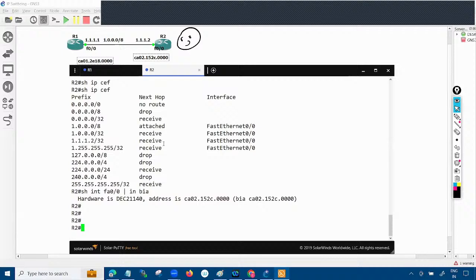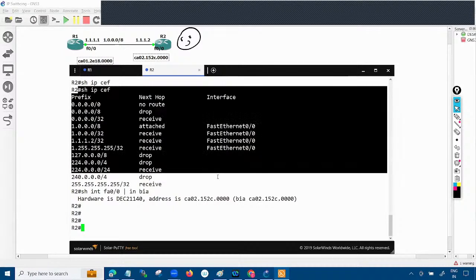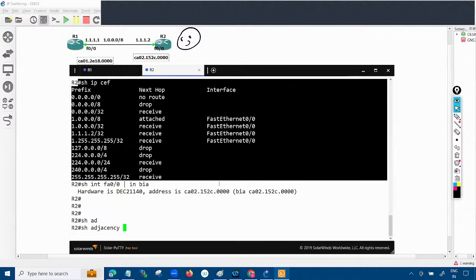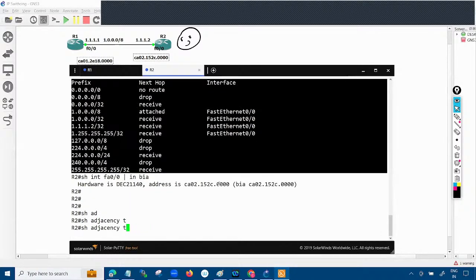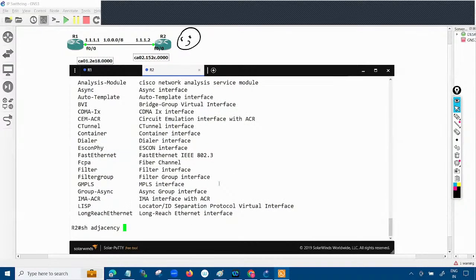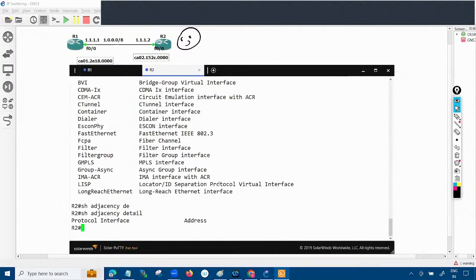If you go back to router two, this is my FIB table, the forwarding information base. Basically your router is forwarding the packet based on this table. If you see the adjacency table right now, ping 101.